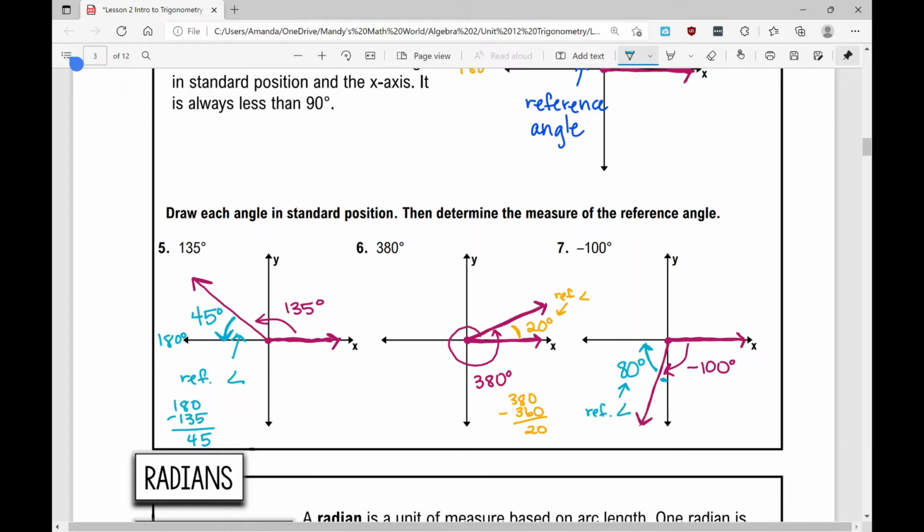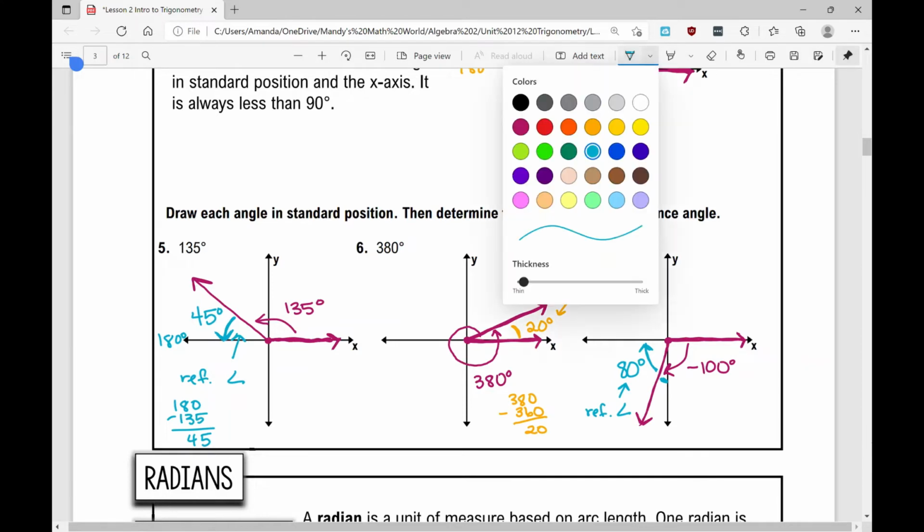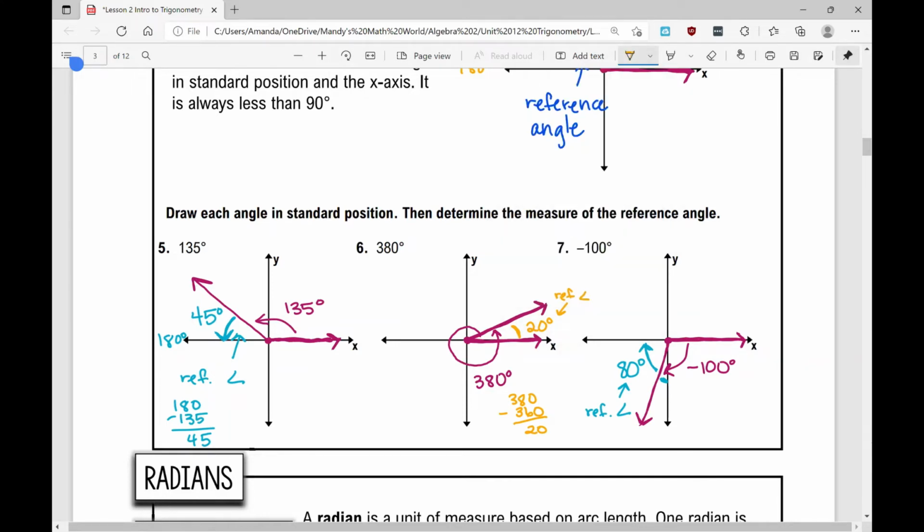So what's the difference, right? This right here is going to be 10 degrees. I need 80 more to get to 90 degrees. You can also look at the fact that this entire straight angle right here is 180, and this is 100.